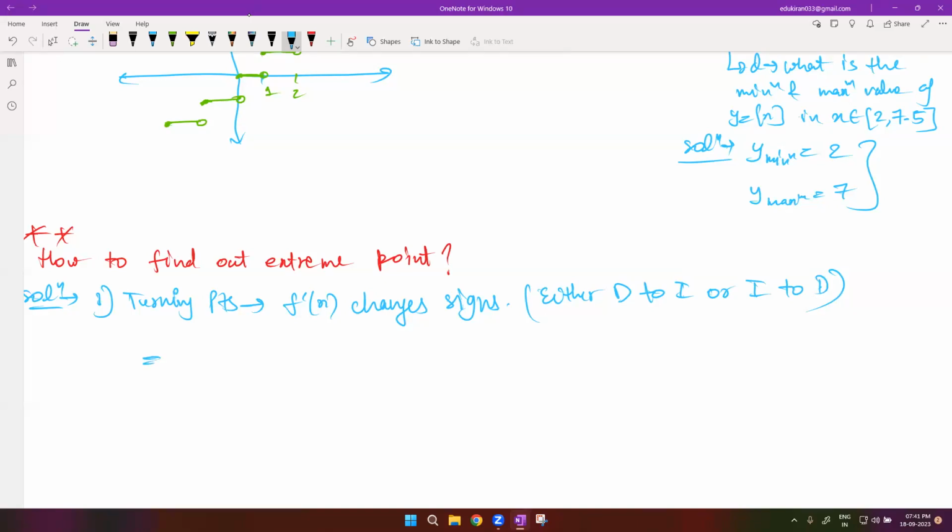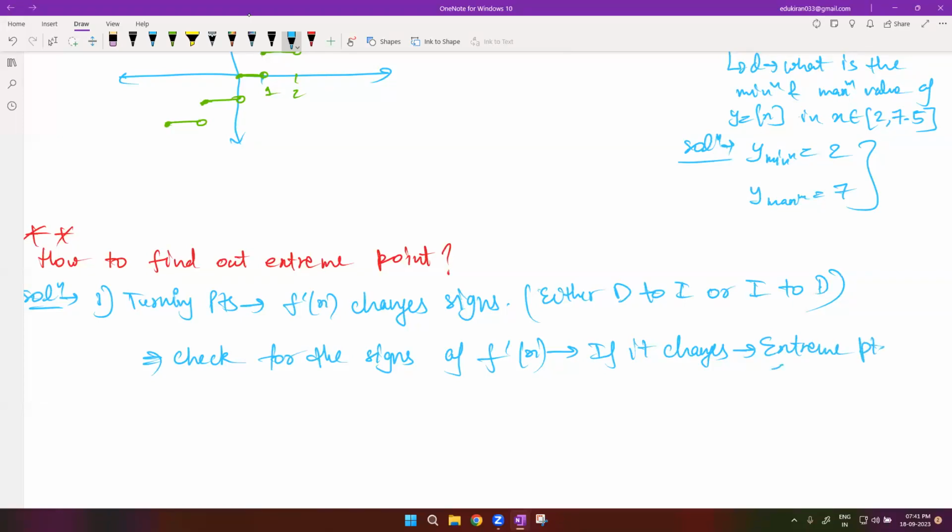So it means check for the signs of f dash x. If it changes, what does that mean? If the sign of f dash x is changing, it means that there lies an extreme point. If it changes, then an extreme point exists.